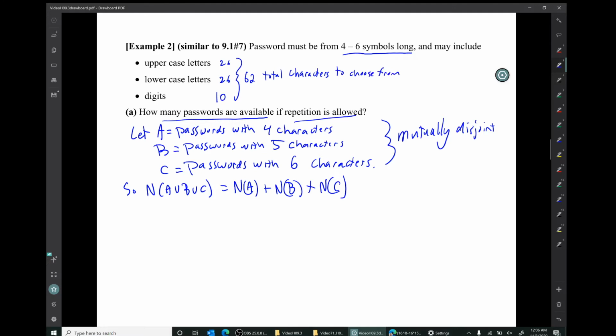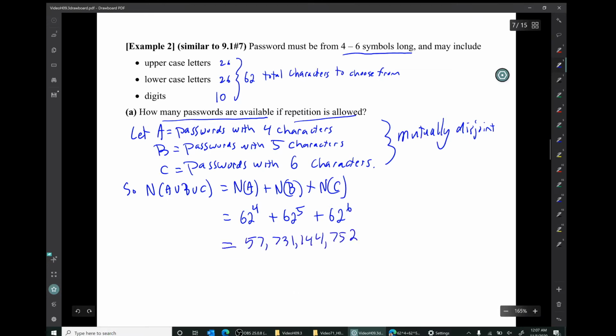So the number of elements in set A is just going to be 62 to the 4th, because I get to choose the character for the first blank, that's 62 choices, then choose a character for the second blank, that's 62 choices again, and so forth. The number of elements in set B is going to be 62 to the 5th, and the number of elements in set C is going to be 62 to the 6th. If you type this into a computer, you get the following. This crazy big number of passwords available if repetition is allowed. Let's go on.